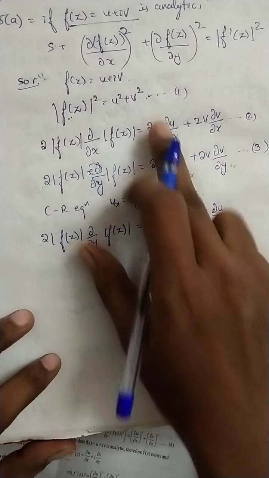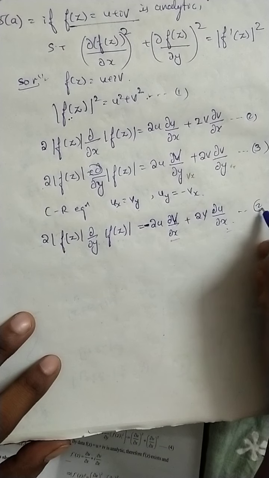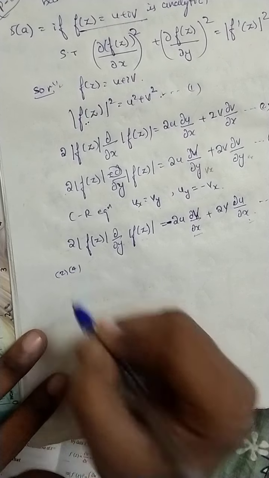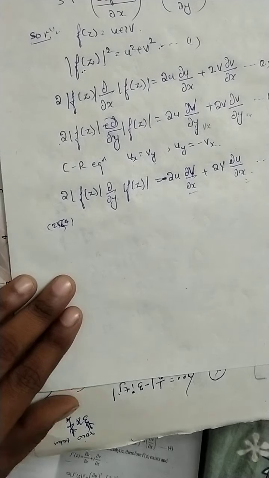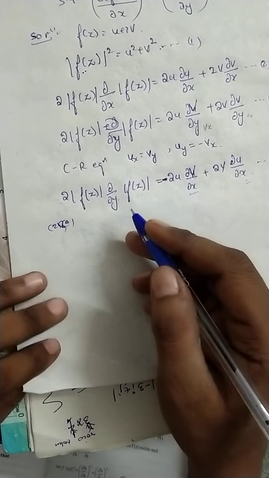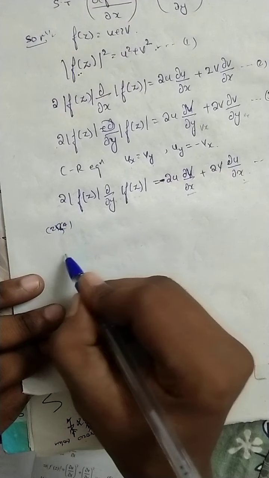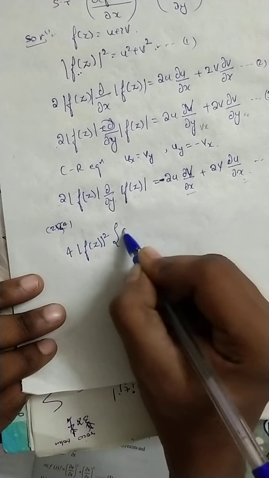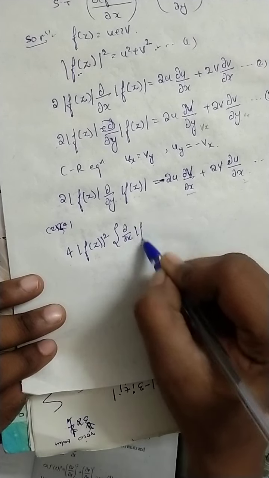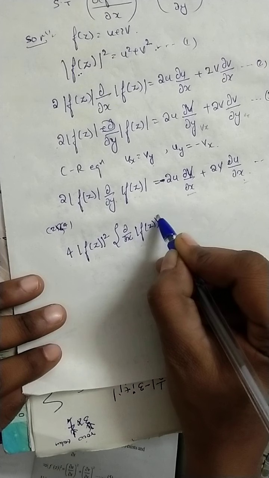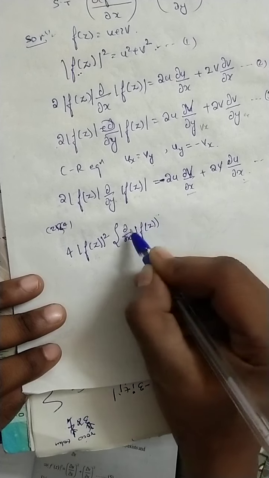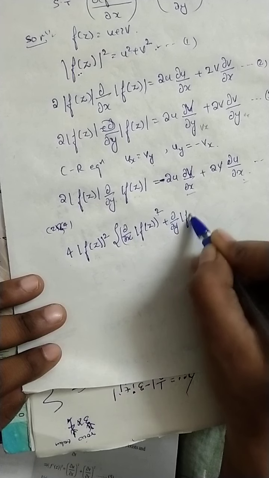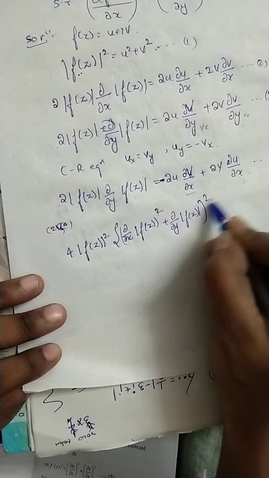Now squaring and adding the equation 2 and 4. So what we will get here? Squaring and adding the two equations, we'll get 2 square as 4, and f of z the whole square into dou by dou x of mod of f of z the whole square plus dou by dou y of f of z the whole square.